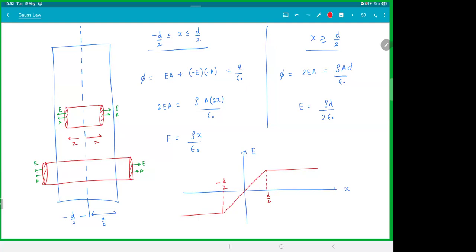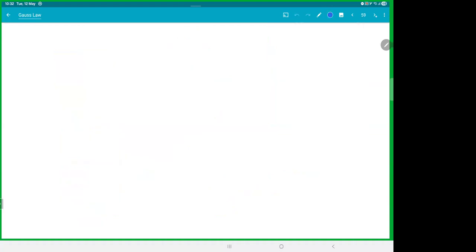And if you guys remember, we already calculated for infinite sheet before. So yeah, we can do the same thing now. If you take an infinite charge sheet, it's basically a slab whose thickness is almost negligible. If you have plus sigma, you have minus sigma.